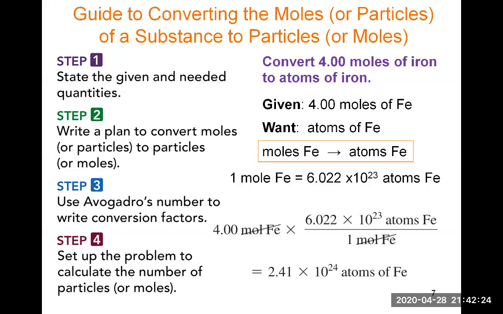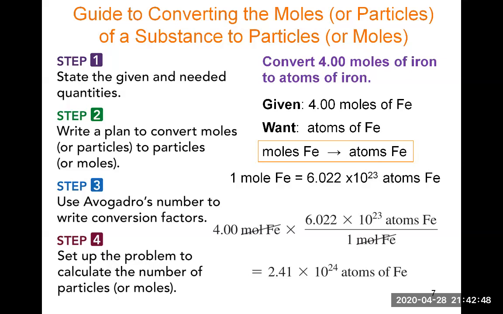So the 23, for example, here. And by using this EE function, you tell your calculator that the 6.022 times 10 to the 23rd is one number, and it will keep that together and not separate it into two entities.